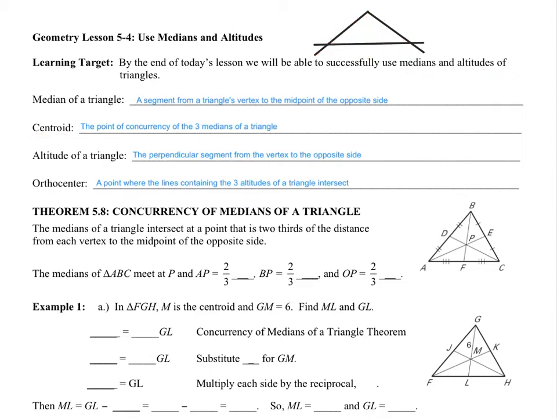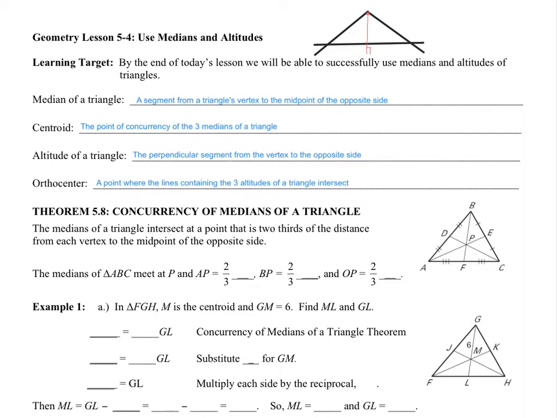The altitude of a triangle is the perpendicular segment from the vertex, so I'll pick a vertex here, to the opposite side of a triangle. Now this perpendicular segment does not cut this opposite side into 2 congruent segments, unless this is an isosceles triangle, which we will talk about later.